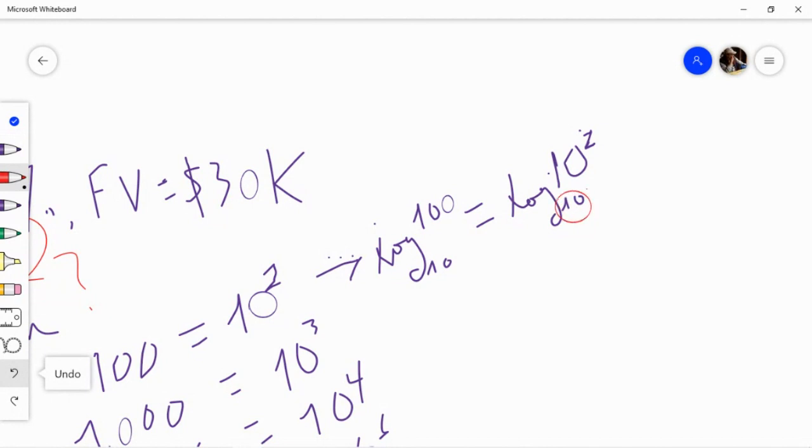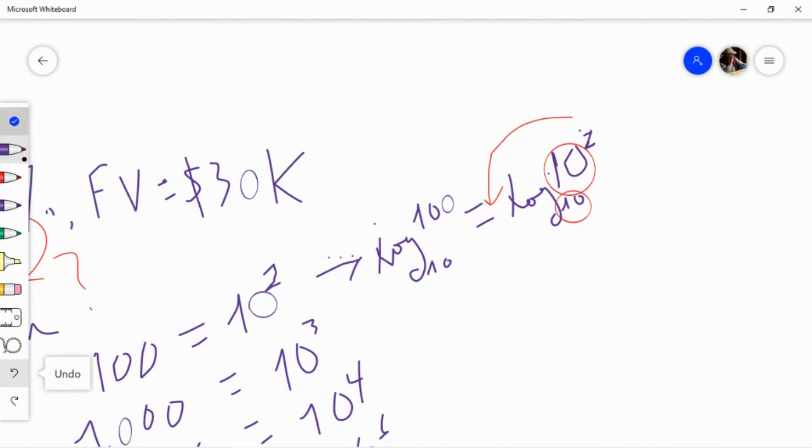When the base and this base are the same, you can bring the exponent down.